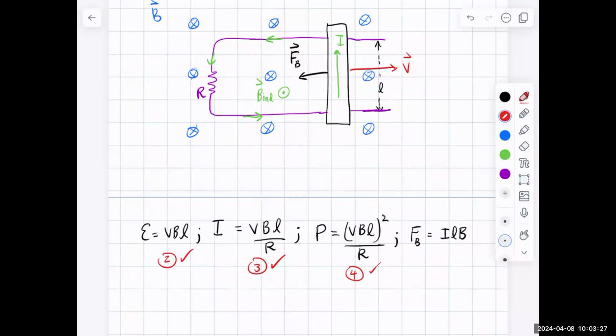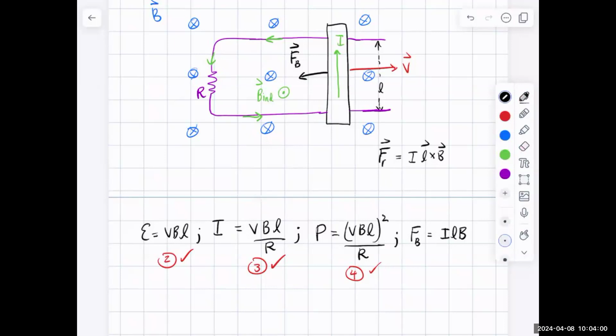The last thing we did is we said, hold on a second. If we were to have a current going upwards through this bar, and the magnetic field present, then we know that the force on the current due to the magnetic field would be I times L cross B. Sorry, maybe I should use the same notation.